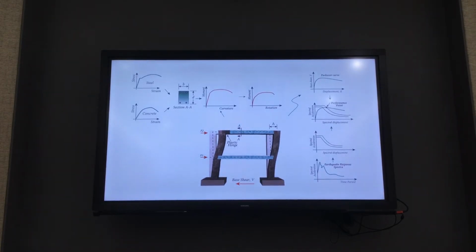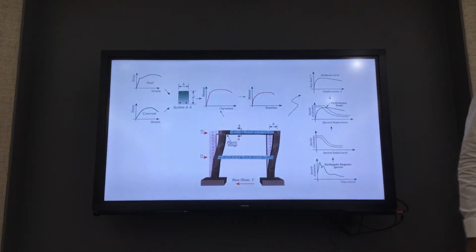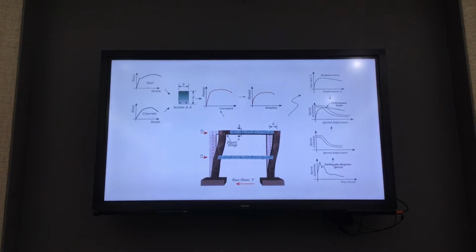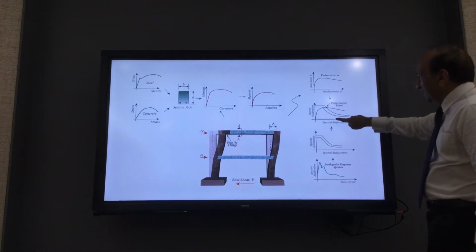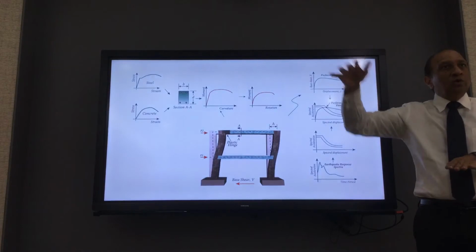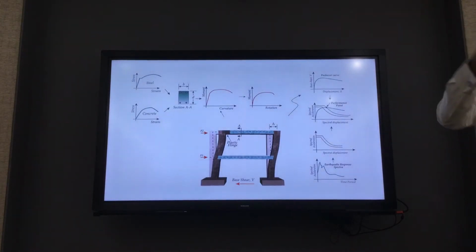That is the performance point. But it is not essential that you always get a performance point. You get a performance point for well-designed structures. If the structure is poorly designed, this green curve is here and the hazard is above that, you don't get a performance point. Hazard wins and your structure will fail before reaching that earthquake level.